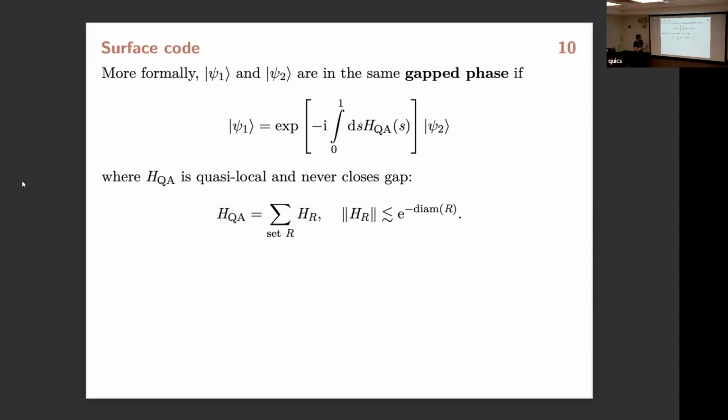And we want that this rotation never closes the gap of the original Hamiltonian. A more intuitive picture is that there's some finite depth circuit, in quotes, that connects psi1 and psi2. For technical reasons, because we're talking about ground states of Hamiltonians, we'll really need to think about continuous time evolution. There can be some exponential tails that are captured by a finite depth circuit, but intuitively, this is the picture.